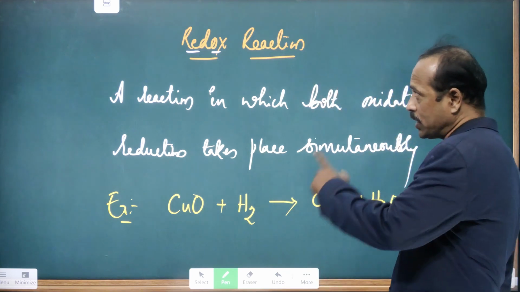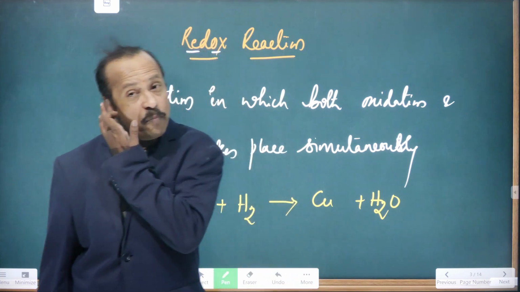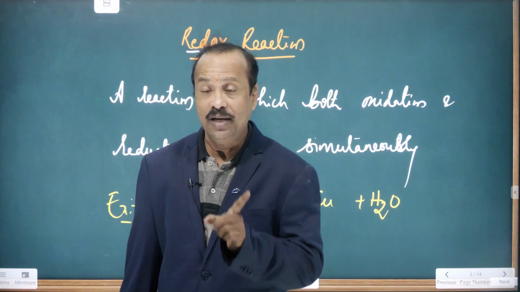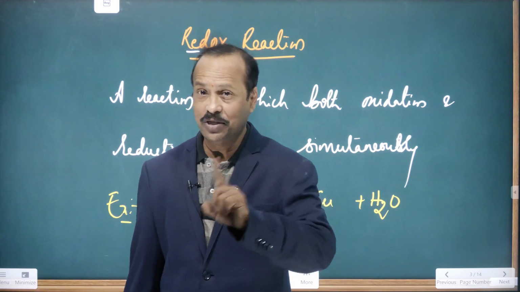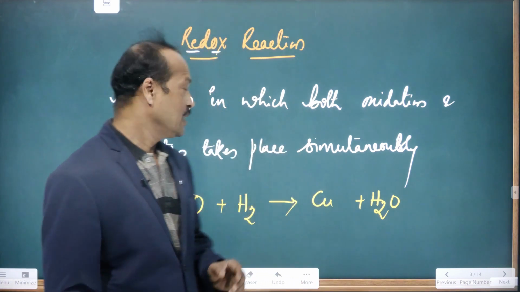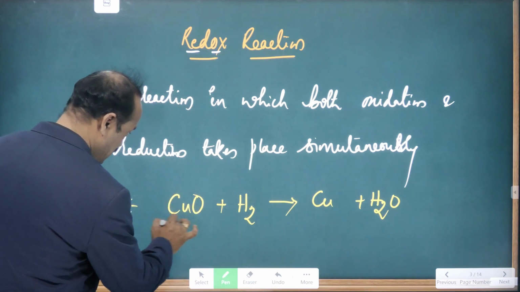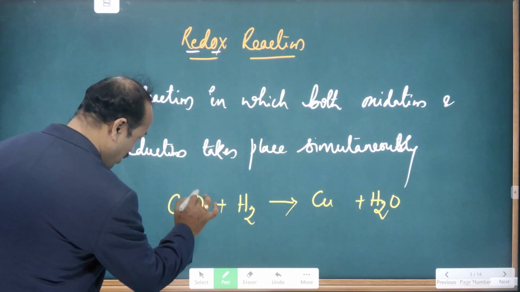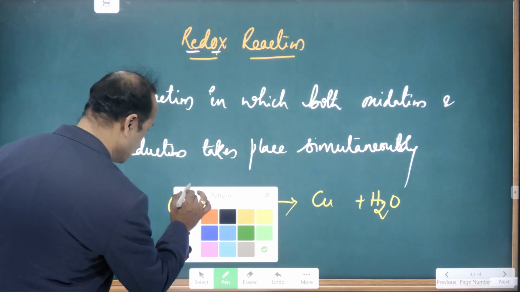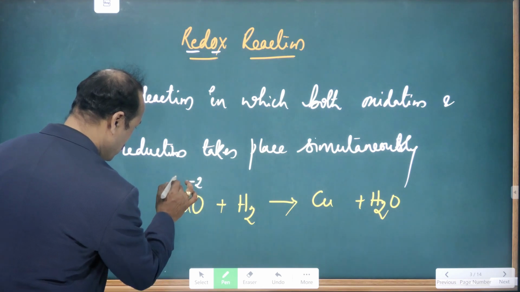Now, how can you say this is a redox reaction? A redox reaction means both oxidation and reduction take place simultaneously in one reaction. See here, this is copper oxide, and you know the oxygen oxidation number is -2 and copper's oxidation number is +2.